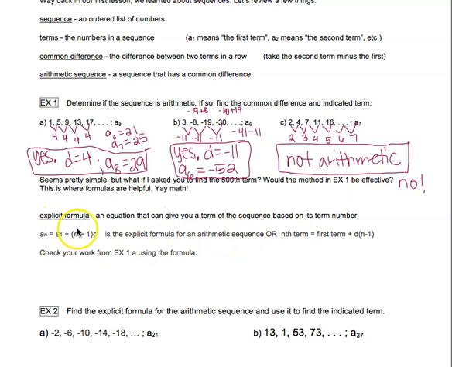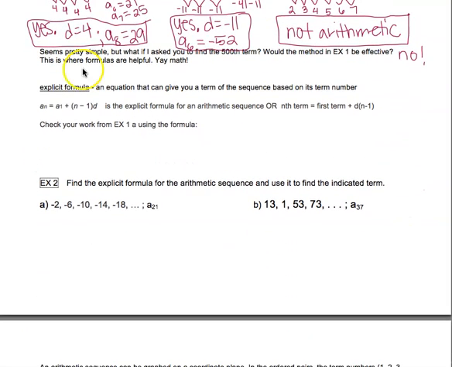So an explicit formula is an equation that can give you a term of the sequence based on its term number. And this is the same exact formula that we went through and learned in the first couple lessons.